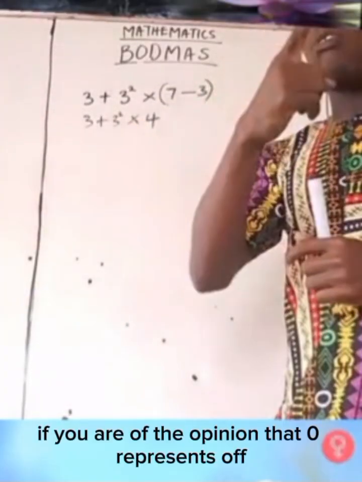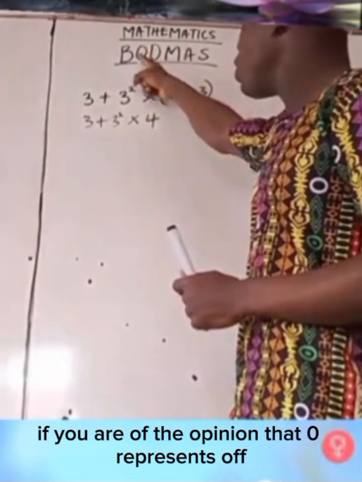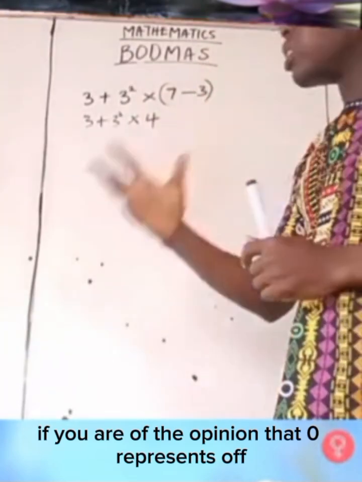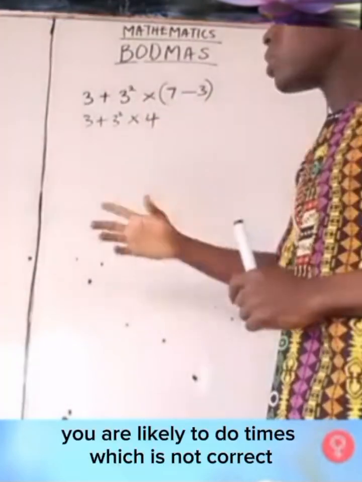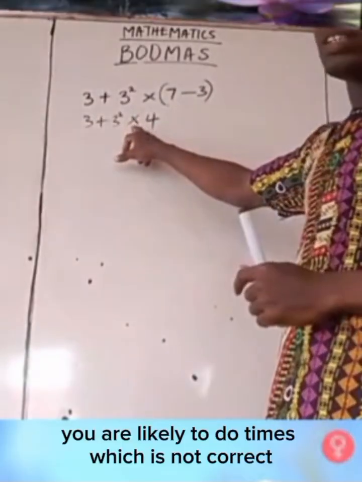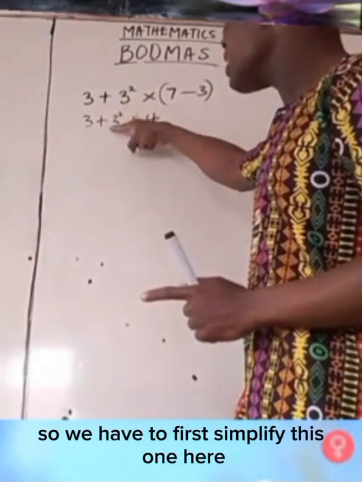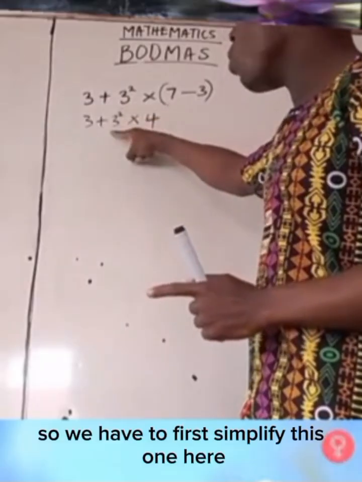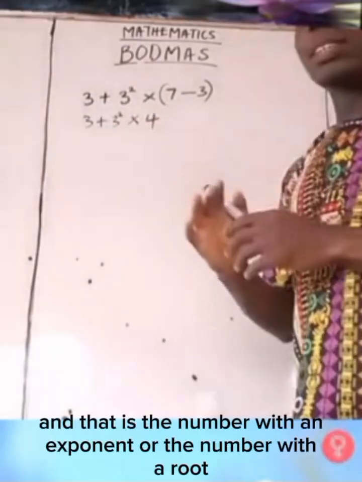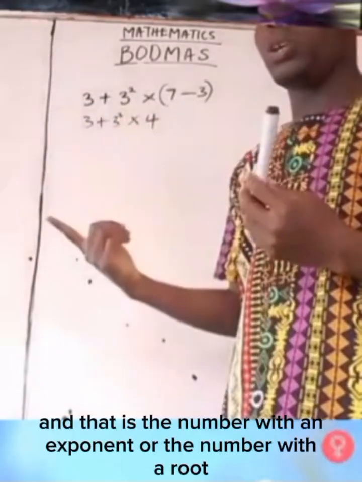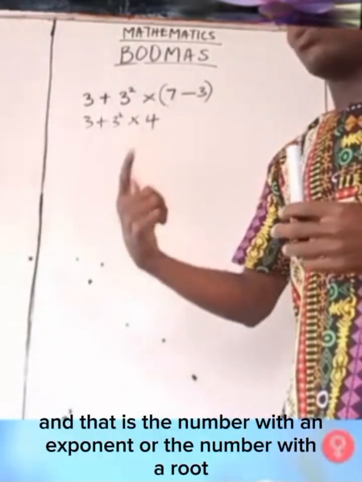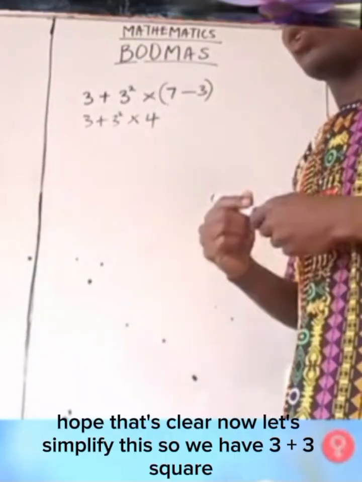If you are of the opinion that O represents off, you are likely to do times, which is not correct. So we have to first simplify the number with an exponent or the number with a root. Hope that's clear.